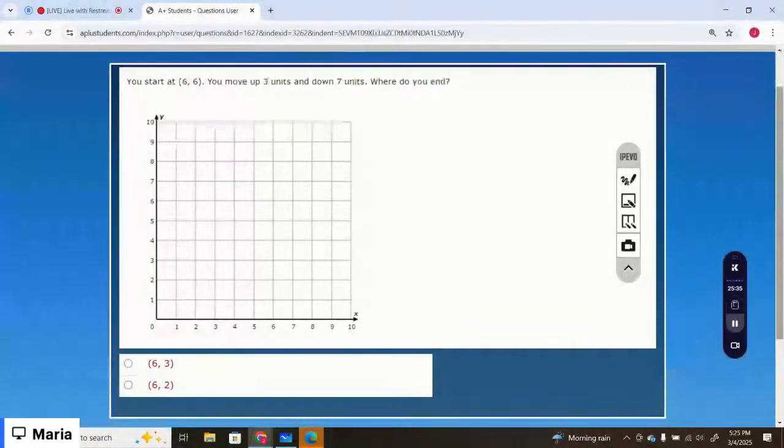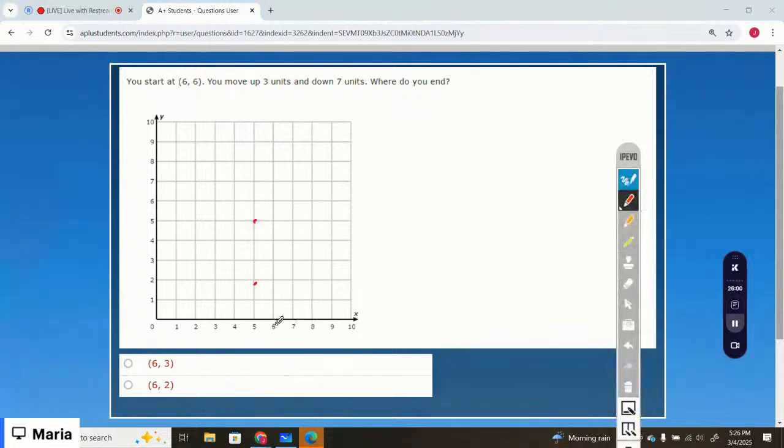Start at 6, 6. You move up 3 units and down 7 units. Where do you end? 6, 6. X is 6, y is 6.